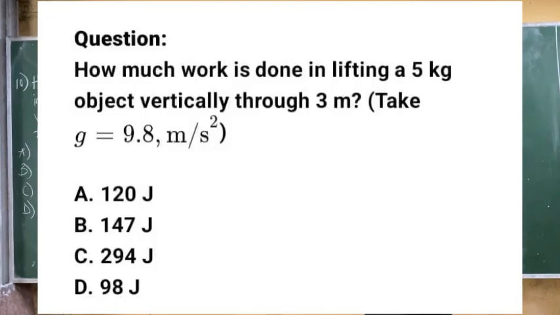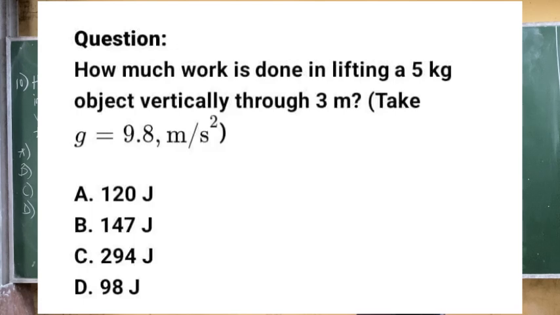The final question for today, question 10 says, how much work is done in lifting a 5 kg object vertically through 3 meters? Take g to be 9.8 meters per second squared.